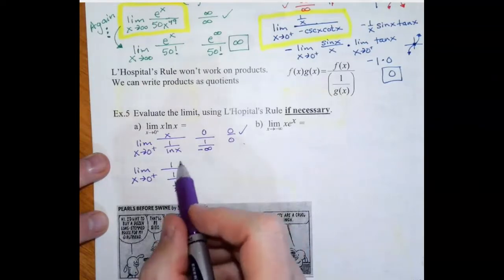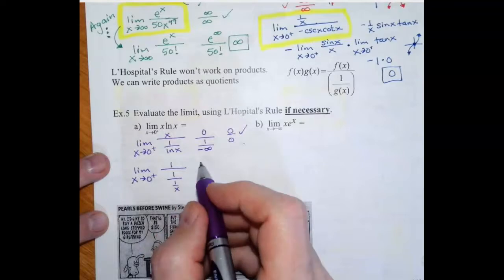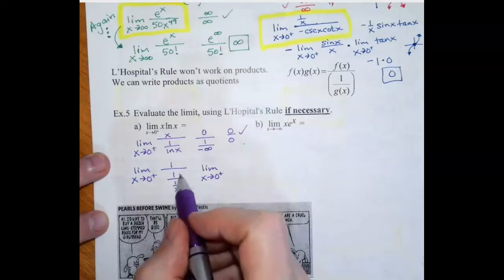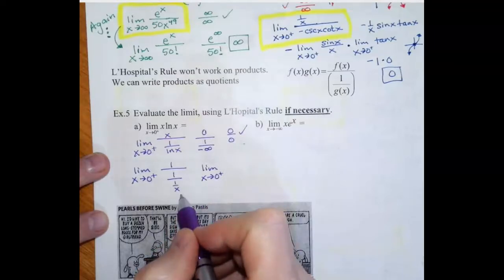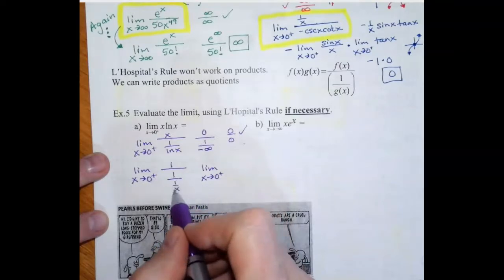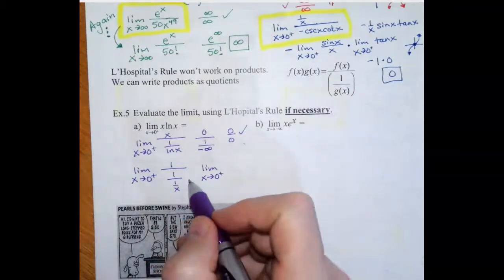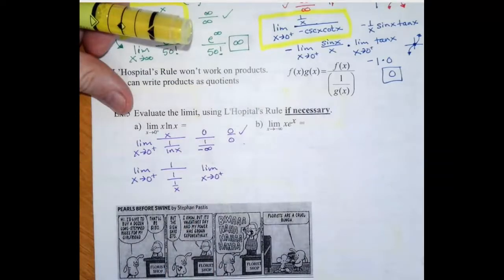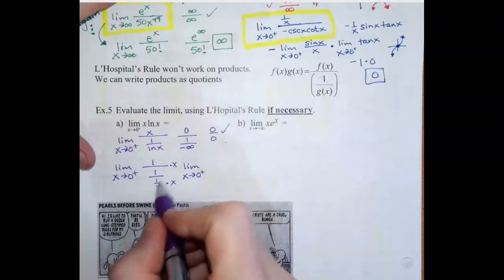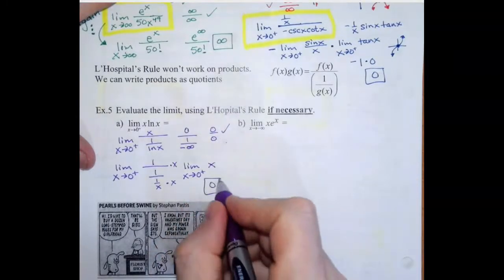So we could multiply this by x and this by x, this is 1 and this is x over 1, which is just x. And then if we plug 0 into that, that's just 0. Okay?